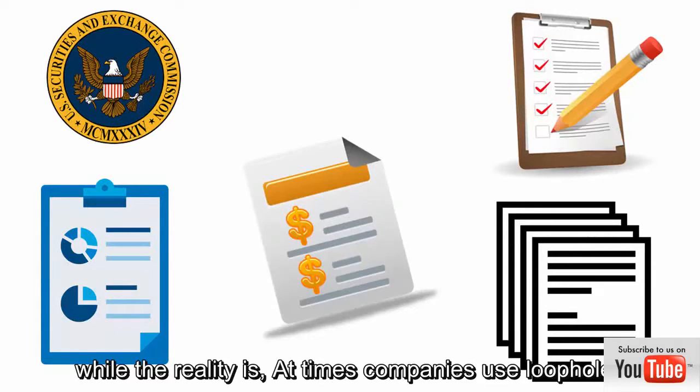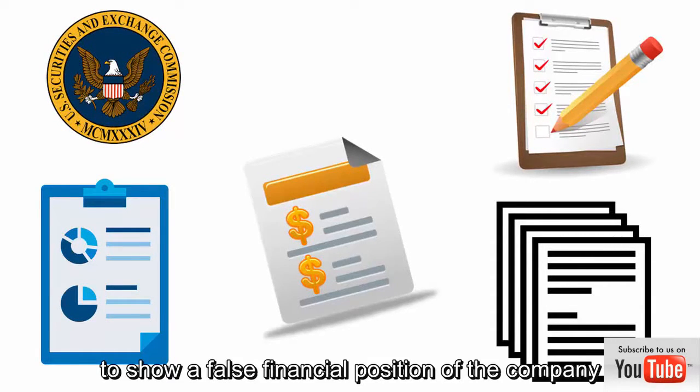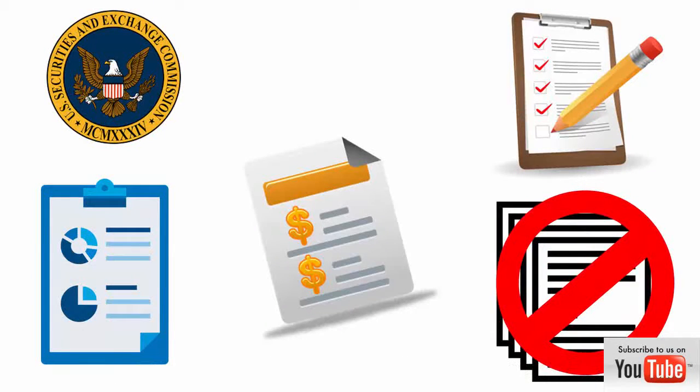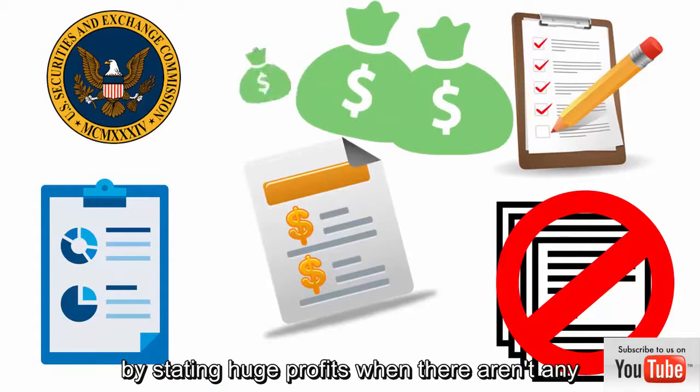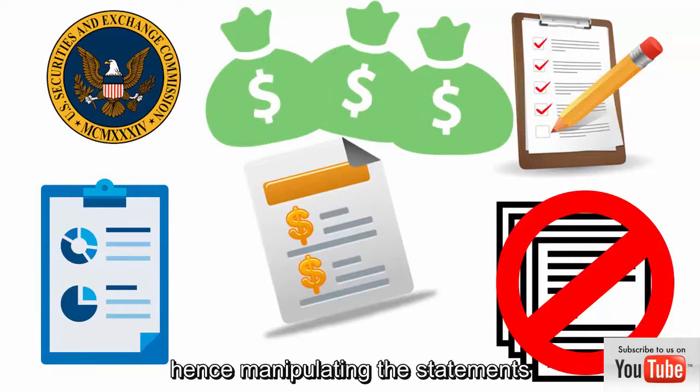While the reality is, at times, companies use loopholes in accounting standards to show a false financial position of the company by stating huge profits when there aren't any, hence manipulating the statements.